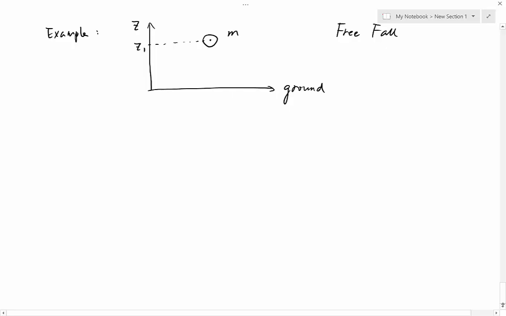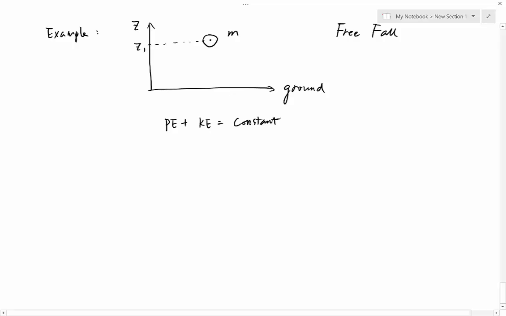What's the relation between those two? The potential energy plus the kinetic energy must be conserved. So the combination of those two must be constant. This is probably what you learned as conservation of energy in your physics class.